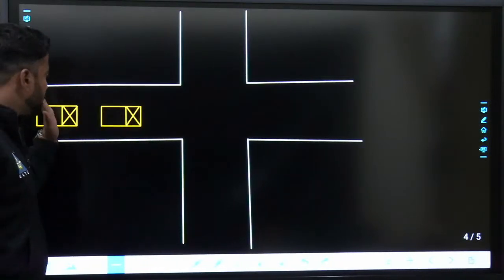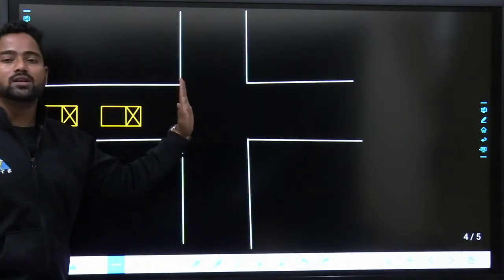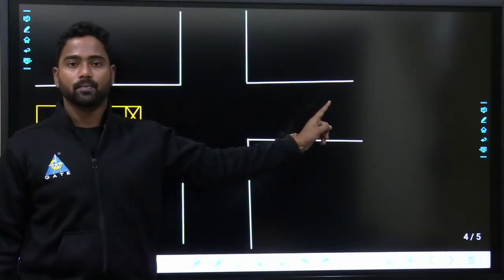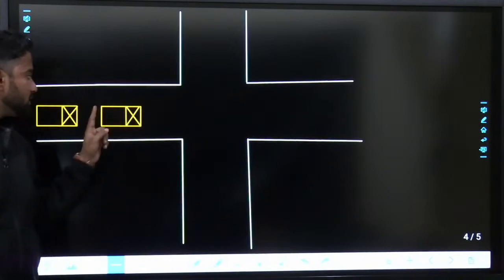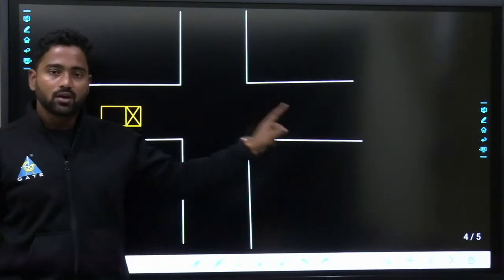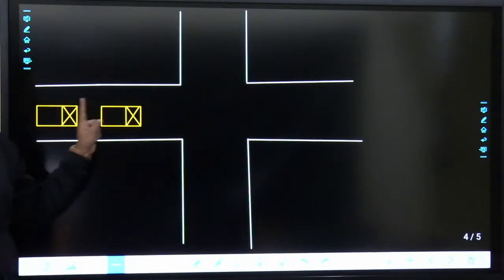So he'll apply the brakes, he'll just come before the intersection and he'll stop. He'll not clear the intersection. Are you getting it? The first thing is when the driver is here, he will clear the intersection, or if the driver is here, he'll come and stop.